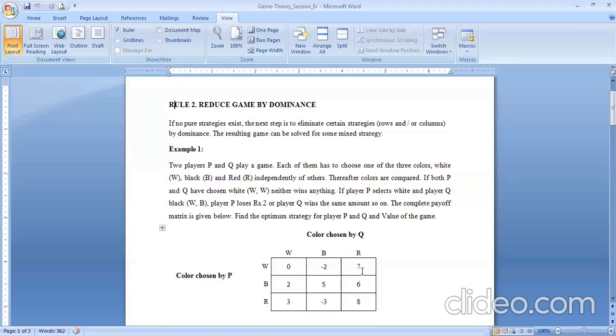When we consider the elimination of the rows, we have to see that the rows which are inferior, whose values are inferior compared to other rows, are to be eliminated. Why are we doing so? As we know, player 1 or player A wants to gain more and more.